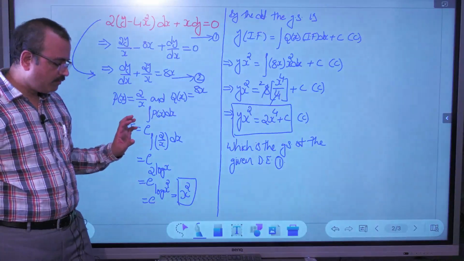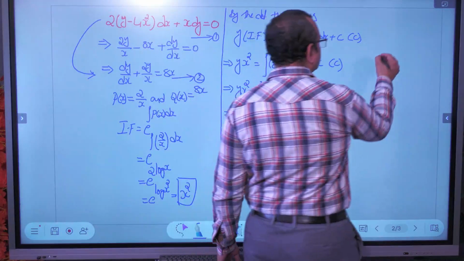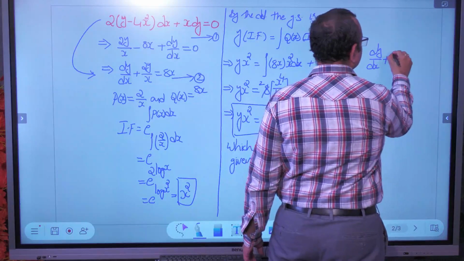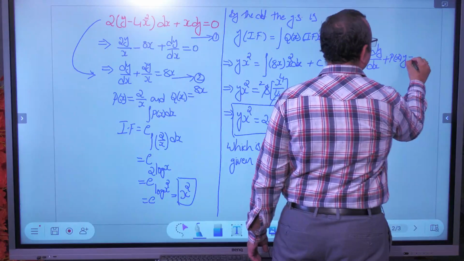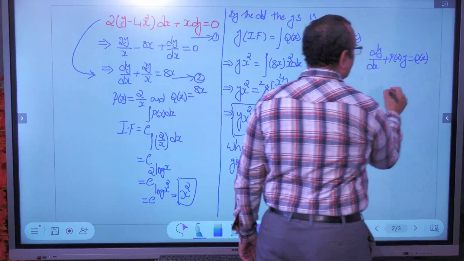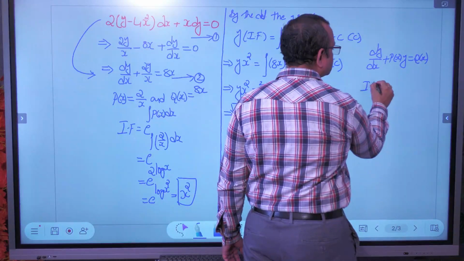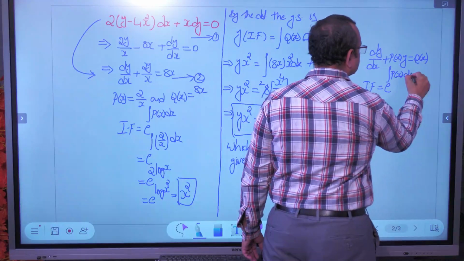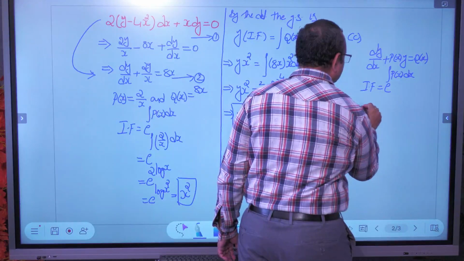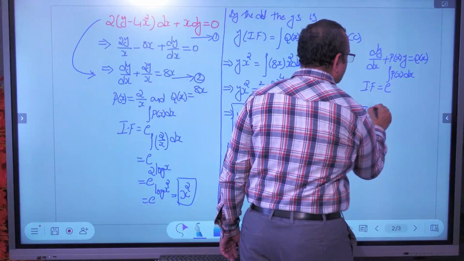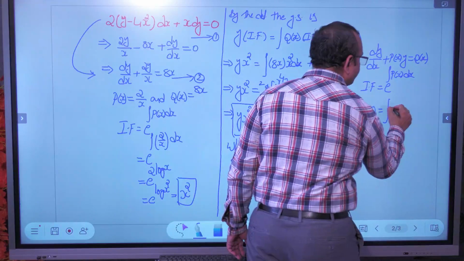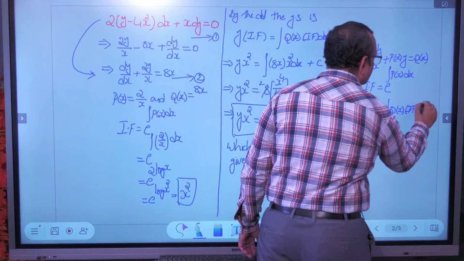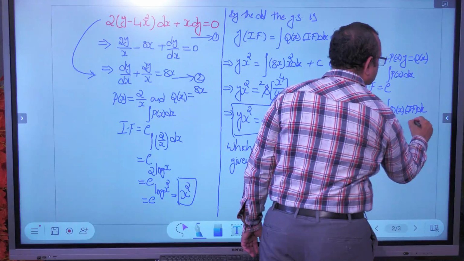The general form of the first order linear differential equation is given as dy/dx + p(x)y = q(x), and its integrating factor is given as e to the power integral of p(x) dx, and its general solution is given as y into integrating factor is equal to integral of q(x) into integrating factor dx plus c.